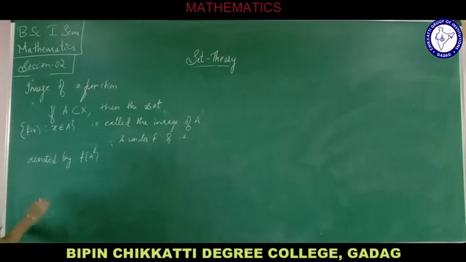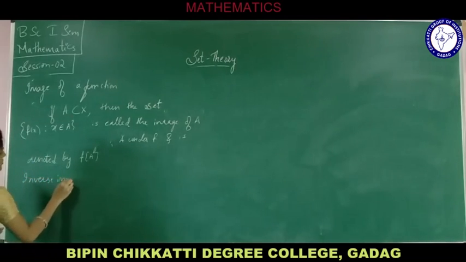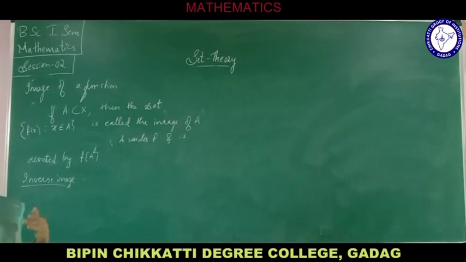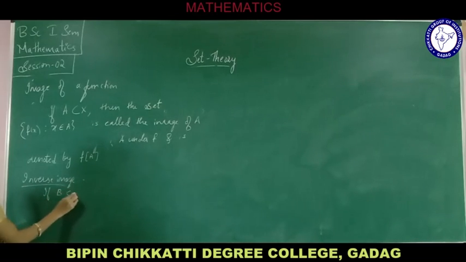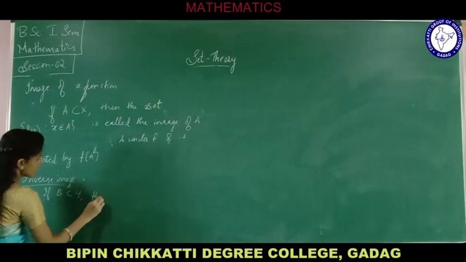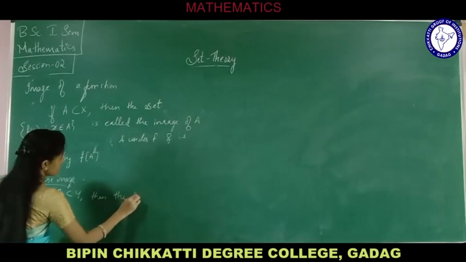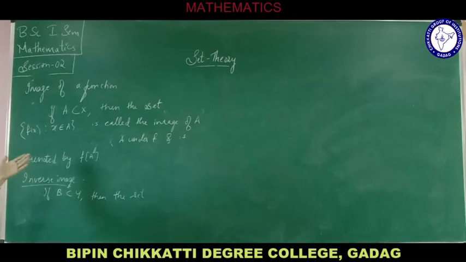Now we are going to study the inverse image. How are we going to define the inverse of an image? It is defined as follows: if B is a subset of Y, then, as we defined for the image, for the inverse image what is going to happen?